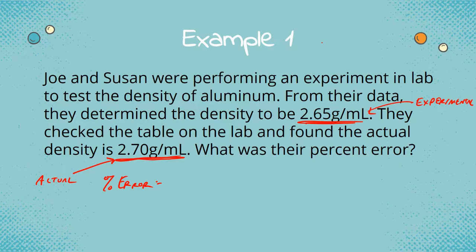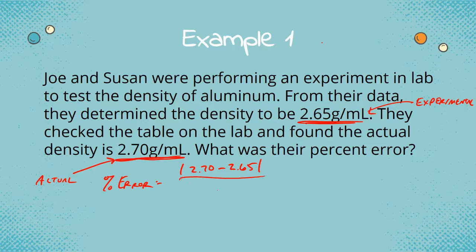And that's a big key here, understanding which is which. It doesn't really matter for the top, but it matters what you divide by. For this, it's the absolute value of our actual value. Our actual value is 2.70, and the experimental value, the one the students determined, was 2.65.